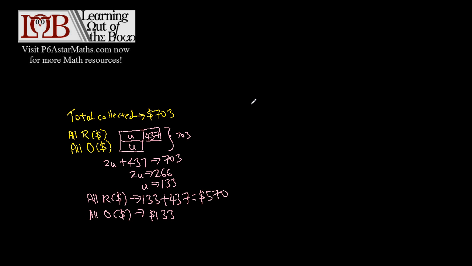Now from the first sentence, we know that the florist sold thrice as many roses as orchids. So in this case, the number of roses versus number of orchids, we know that is 3 times.